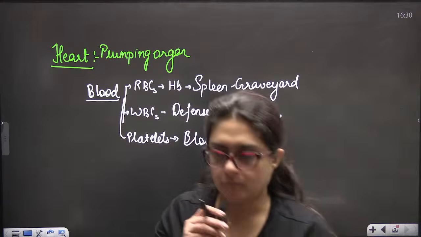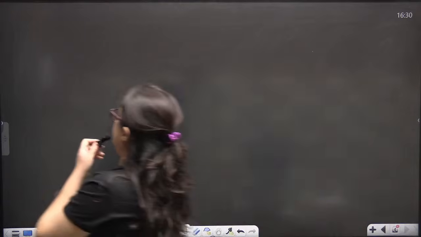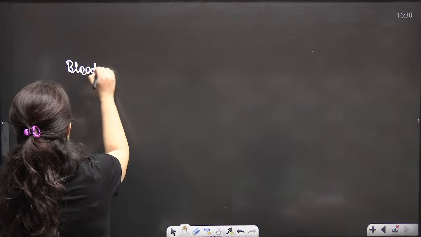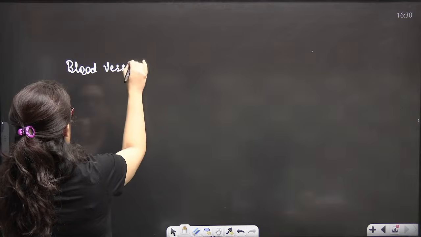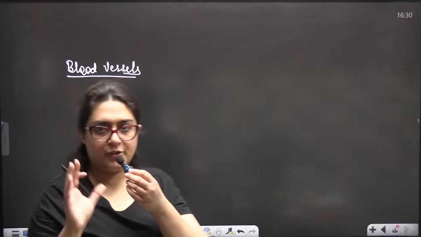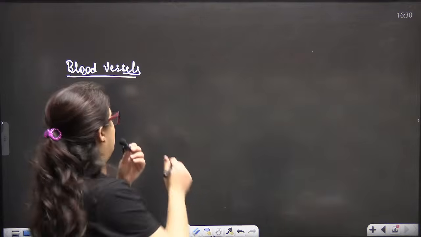Now if we discuss blood vessels, arteries, veins, and capillaries, they have to be understood along with the heart. How?